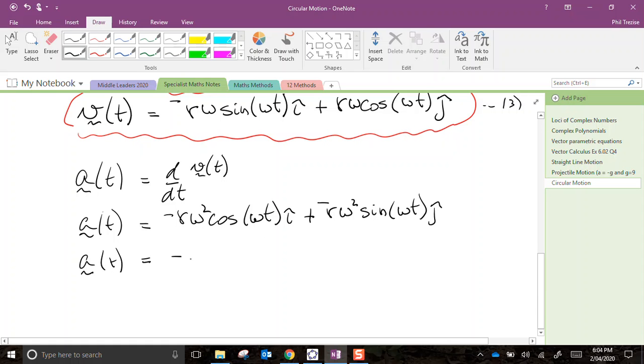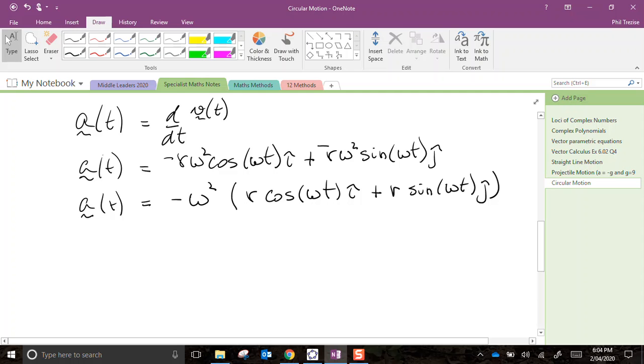So let's take a factor of negative omega squared, and we'll be left then with r cosine omega t i plus r sine omega t j. And what we have there is the position vector r. So a, as a function of time, is negative omega squared multiplied by the position vector.